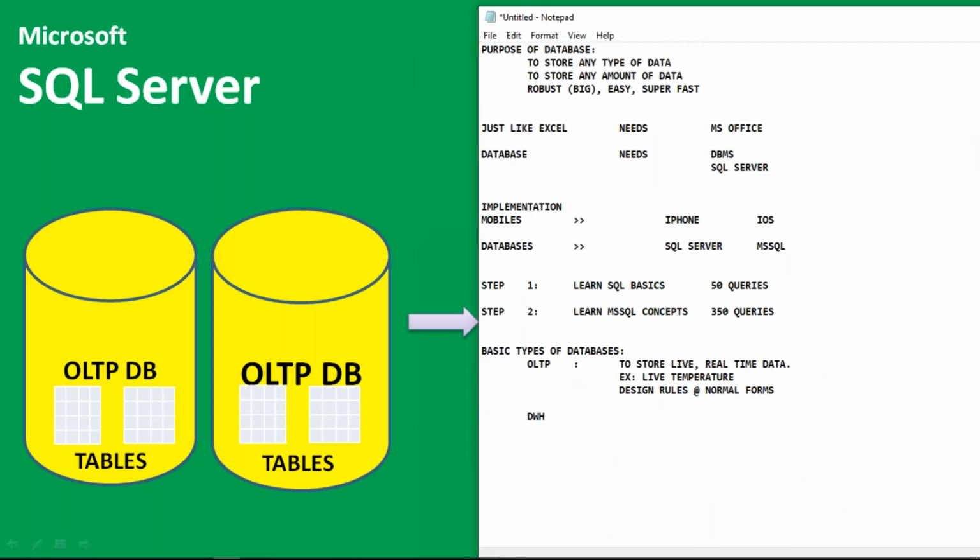Then we have something called data warehouse to store old, historical, at the same time inactive data. Example, old temperature data, in something called data lake, delta lake, lake house.